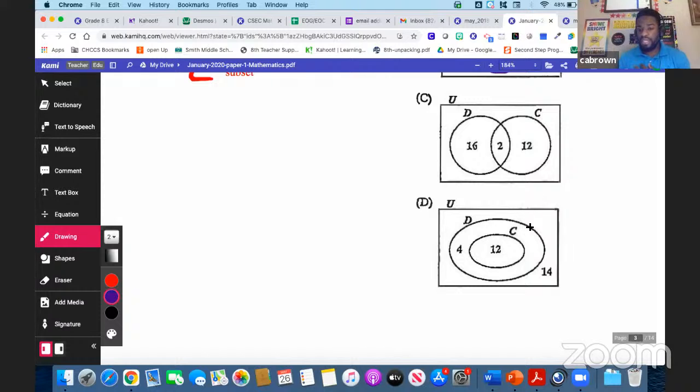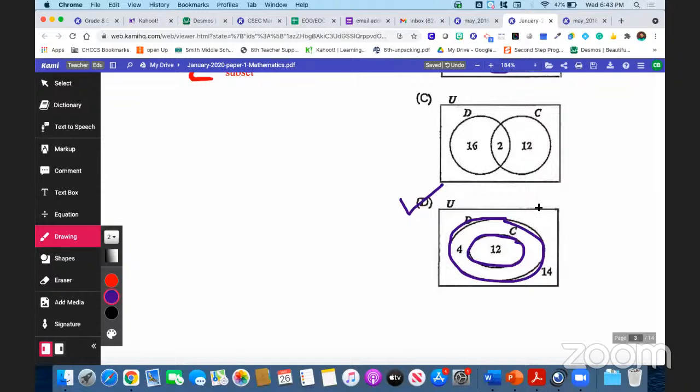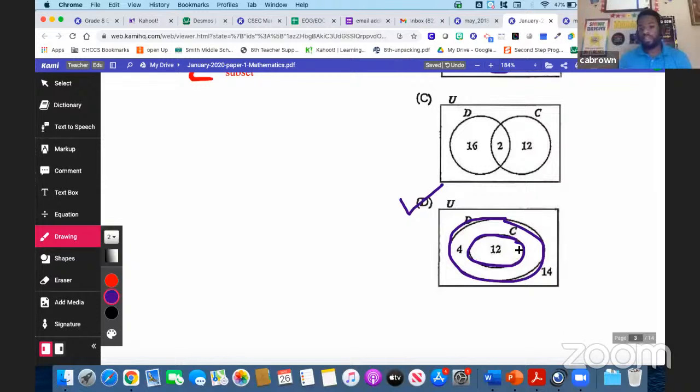But D has more information leading toward the answer, because there are 12 cats, and they also have a dog. So C is pretty much a subset of D. So our answer here would be D, because every student that has a cat also owns a dog, which means that C is a subset of D.